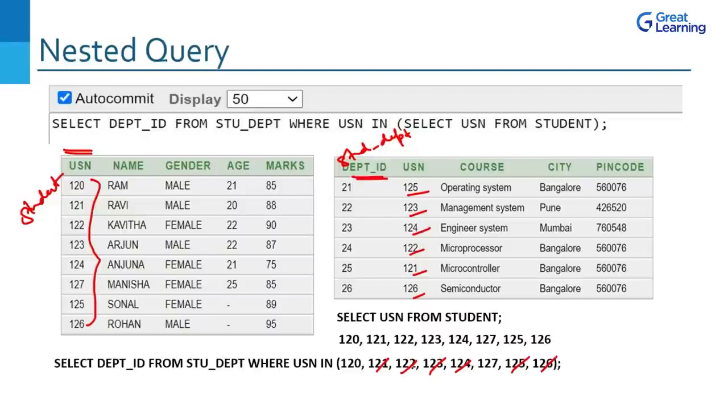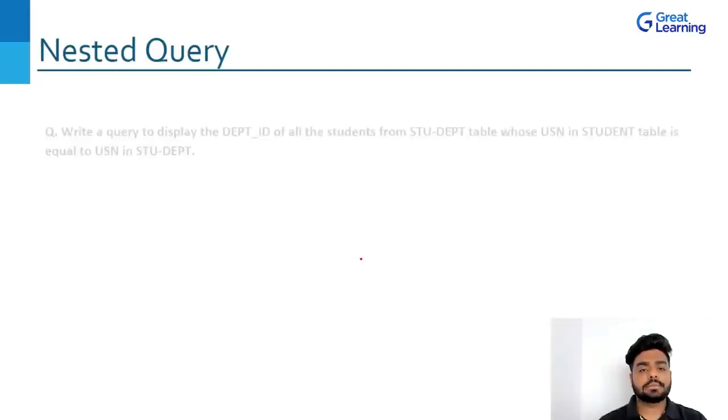So these are all my values, and depending on that, what all department IDs we have: 21, 22, 23, 24, 25 and 26. Correct? If you see here, for 120 and for 127, we have not got any department ID, right? So this is the theoretical and practical knowledge on nested query, also known as subquery.